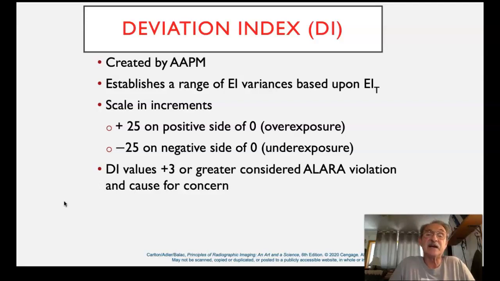On the negative side, if you have a -1 or a -2, that's actually not 25%, that's actually 20%. There's a typo in here. But nonetheless, it is a direct relationship. Plus numbers indicate overexposure, minus numbers indicate underexposure. Deviation index numbers of +3 or greater are considered an ALARA violation, and that is considered a cause for concern.